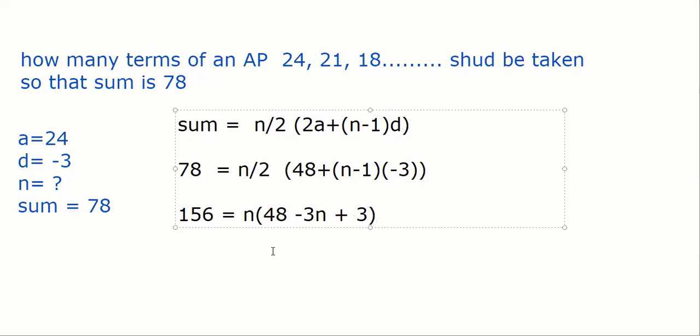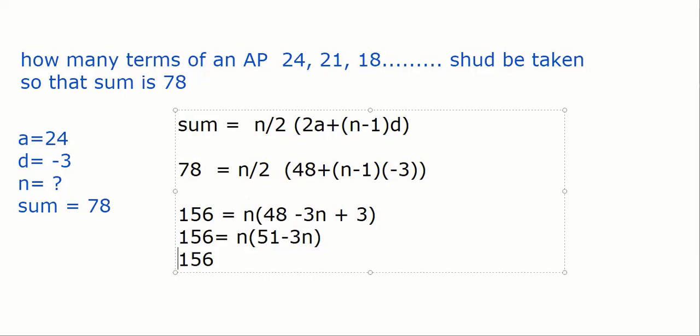So now this becomes 51 minus 3n. So 156 equals n into (51 minus 3n).